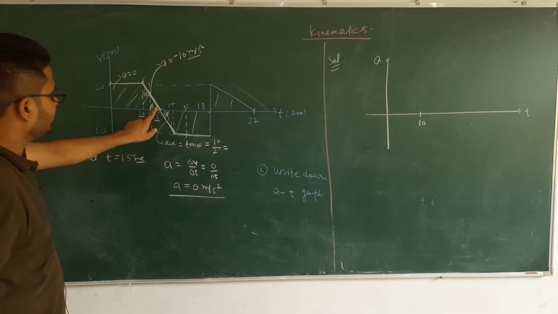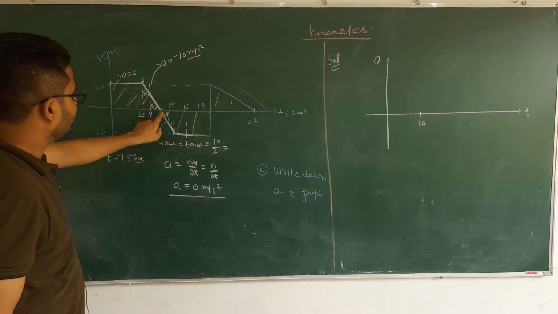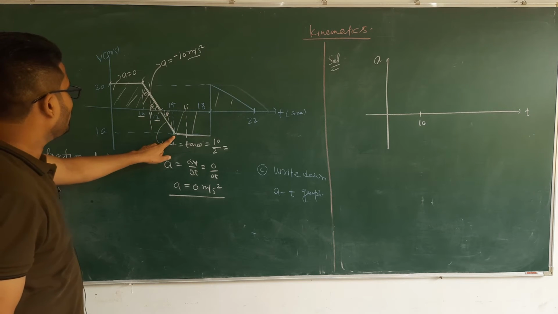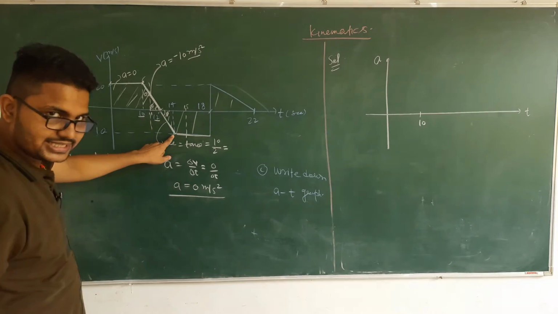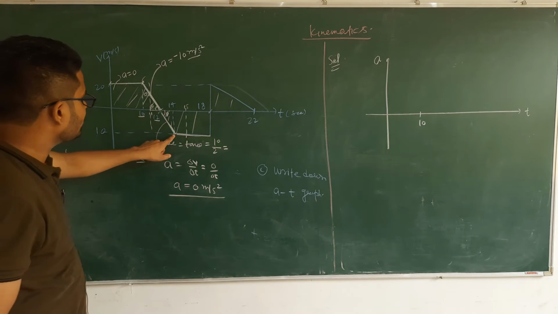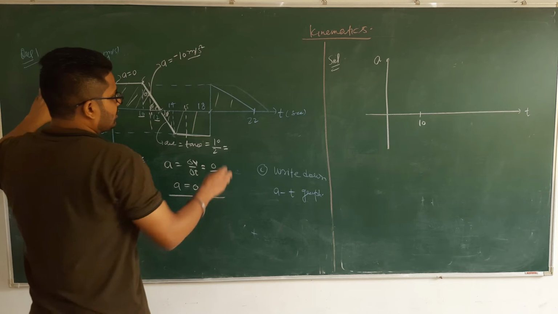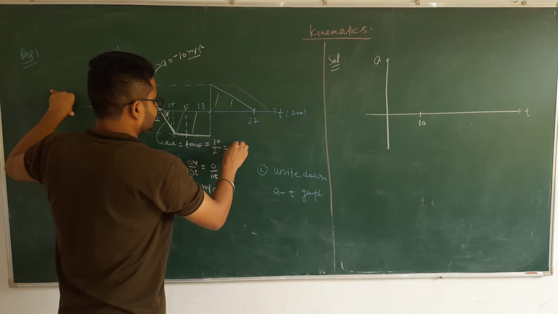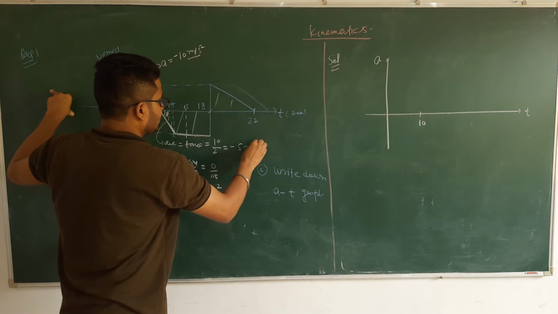Continuously with time the velocity is going to decrease in the negative direction. So here it is minus 5 meter per second square.